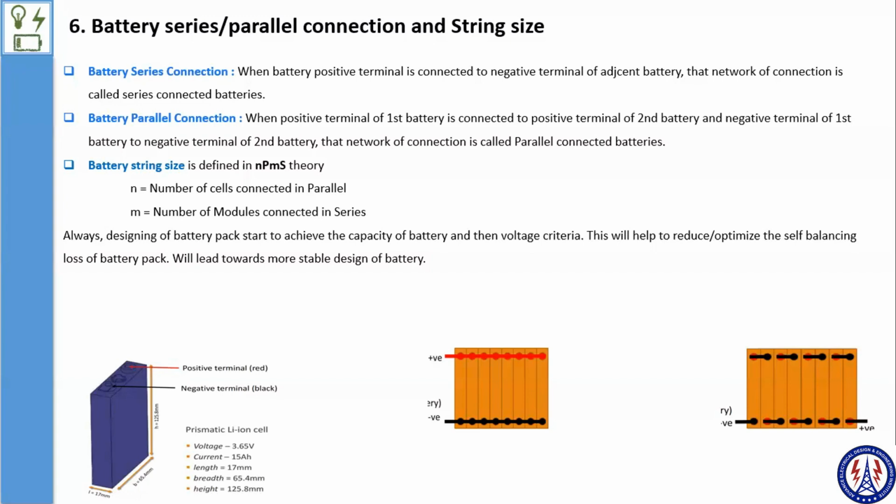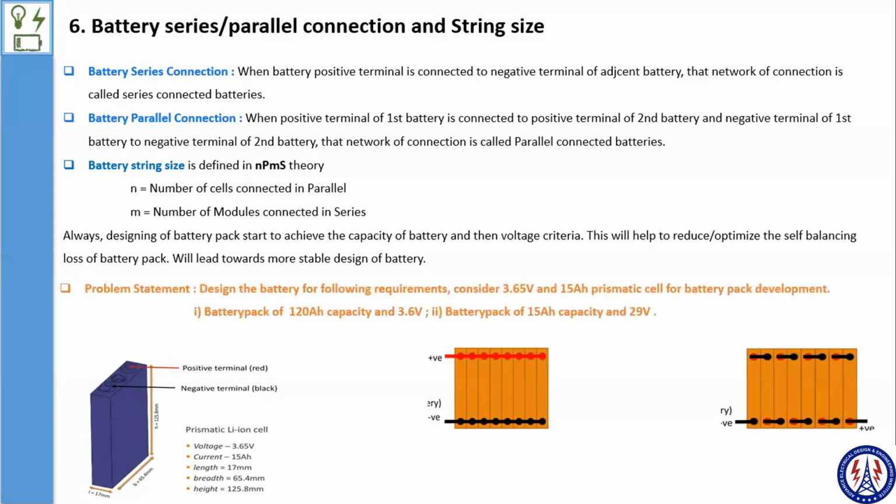At the module level, it will be easy to construct the battery pack this way. Otherwise, it would be quite challenging to meet the requirement for the construction of a larger battery pack. But if you follow the NPMS theory from the baseline, it will help to construct an optimal battery pack.